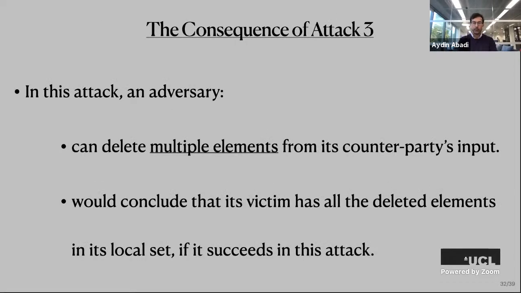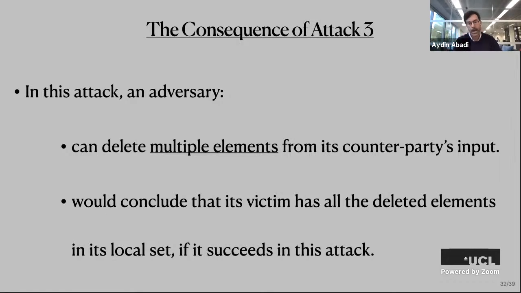So the adversary can delete multiple elements of its counterpart as long as it can guess these elements correctly. Also, as I mentioned, if it manages to do that, you can conclude that these elements are in the honest party's set inputs. So it can learn these elements as well.